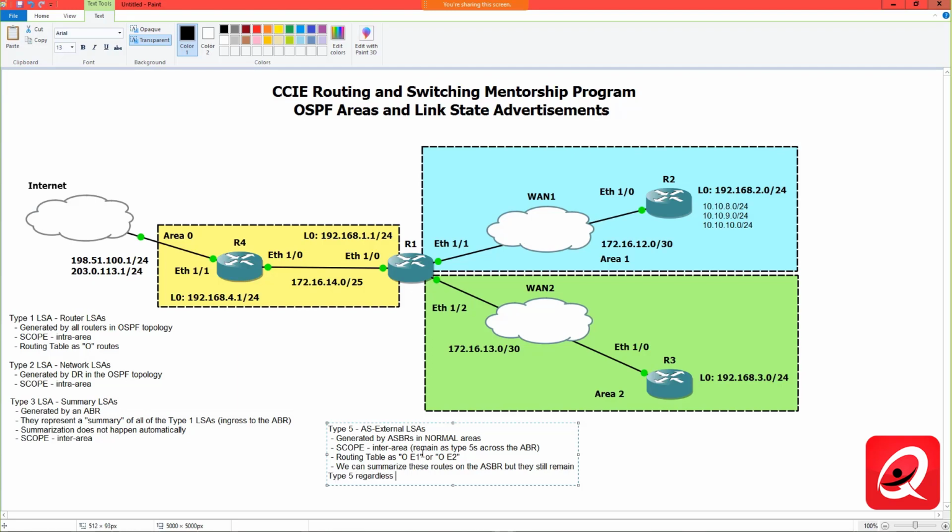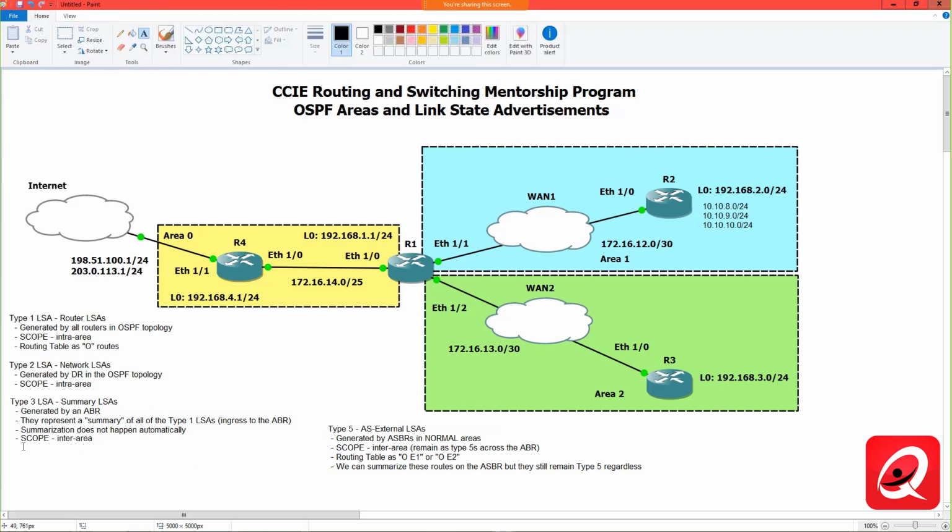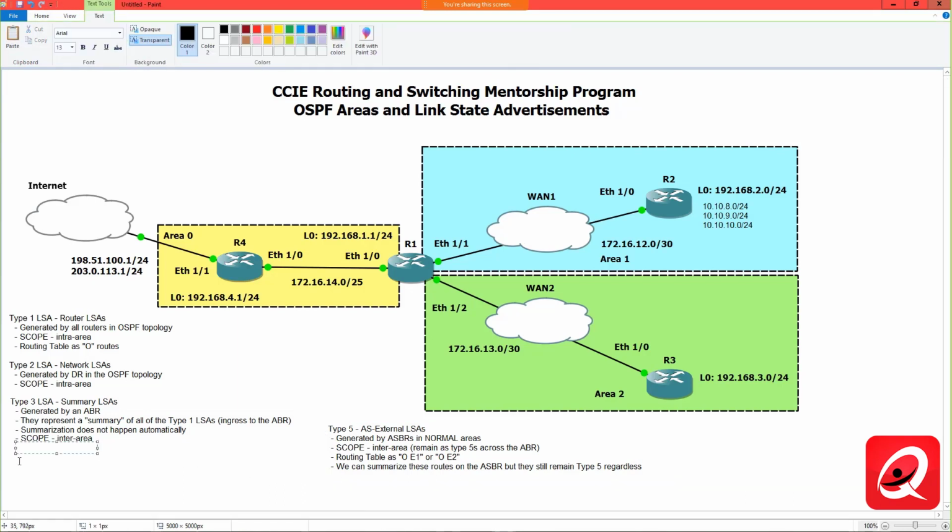Even though they're considered kind of summaries, they're not really type 3s. They're going to stay as type 5s even as they leave the area. Okay? I forgot to put over here on this side, show in the routing table as OIA routes.